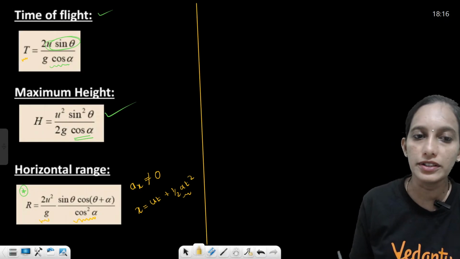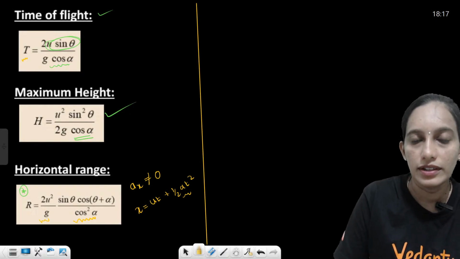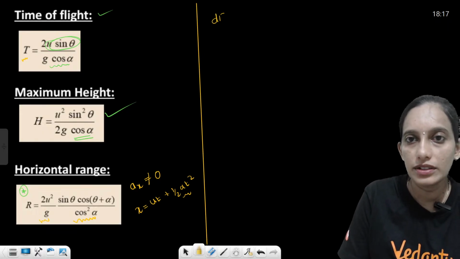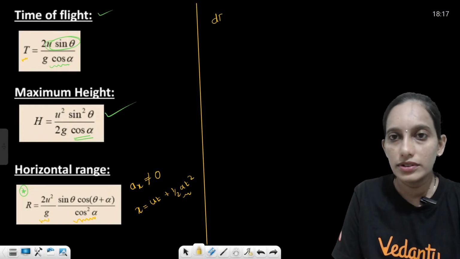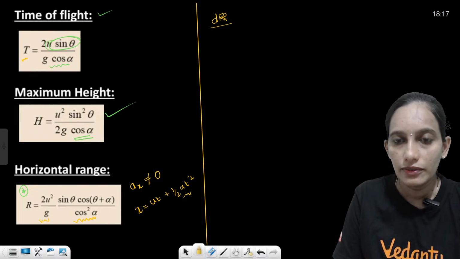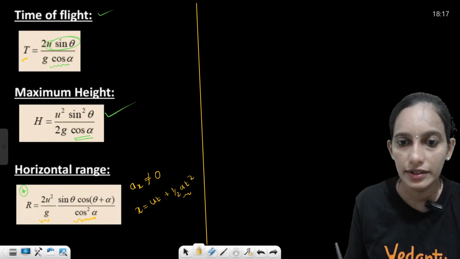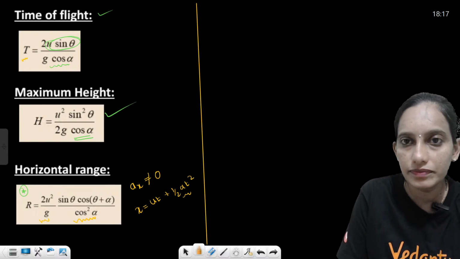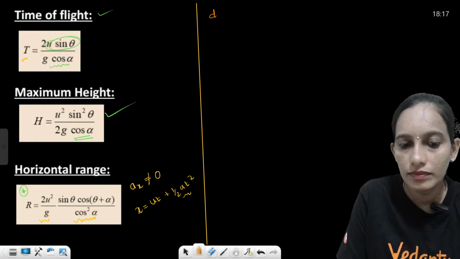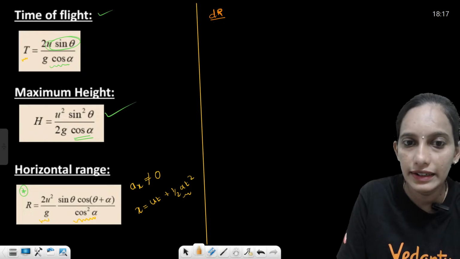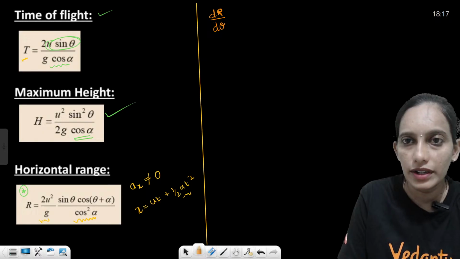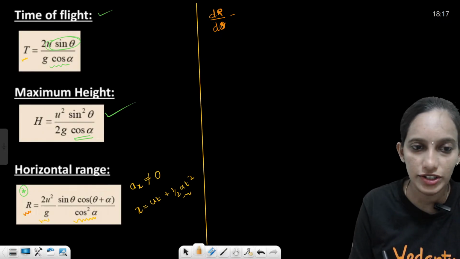So the first point, maximum range. Okay, so when is the range maximum? For that, you should differentiate this range equation.